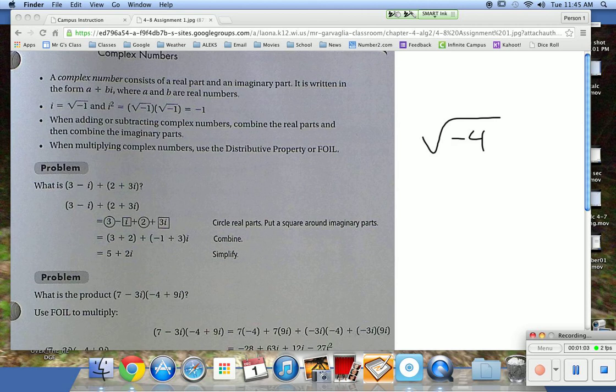So to signify it, this negative right here, we can bring outside of the square root and call it an i, or 2i. Which means that i is signified as the square root of -1. That's what i is.